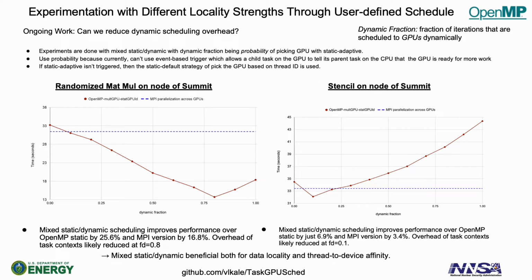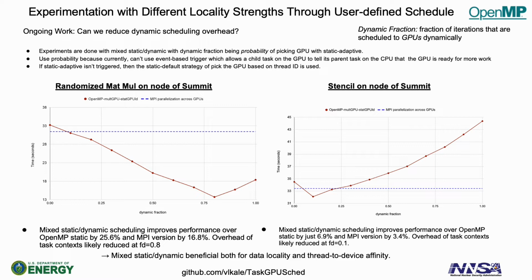And we use this probability rather than the strategy described earlier for multicores, because we can't use in OpenMP currently an event-based trigger which allows a child task on the GPU to tell its parent task on the CPU that the GPU is ready for more work.